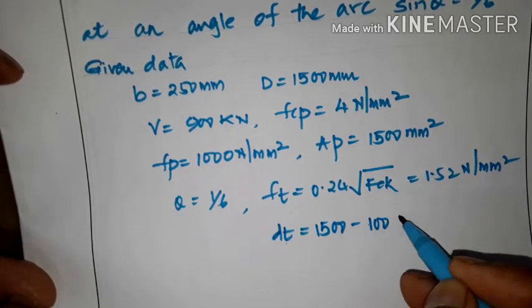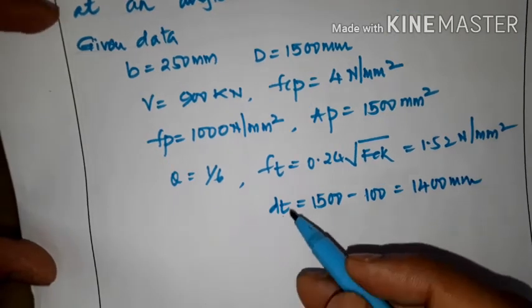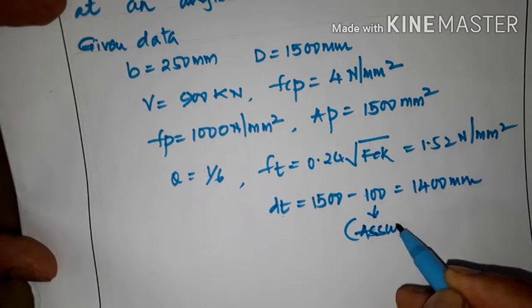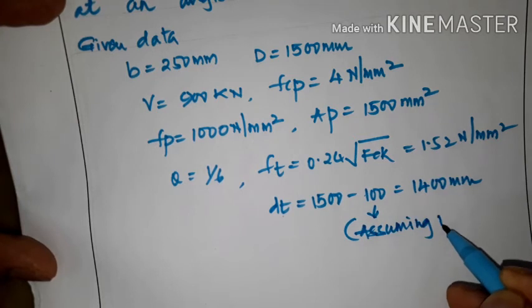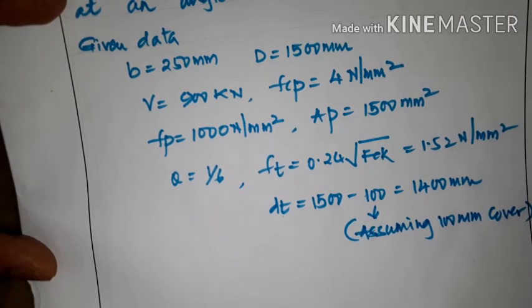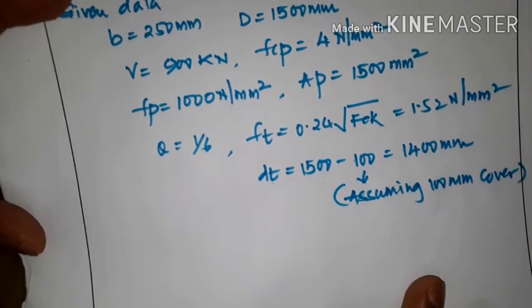Assuming 100 mm cover, since it is not given in the problem, we get 1400 mm.